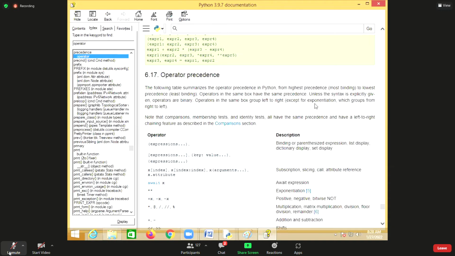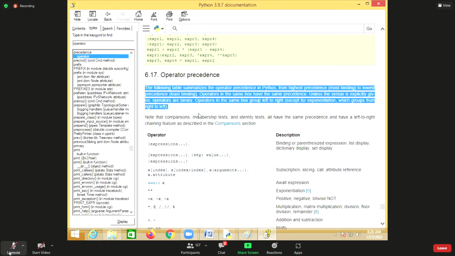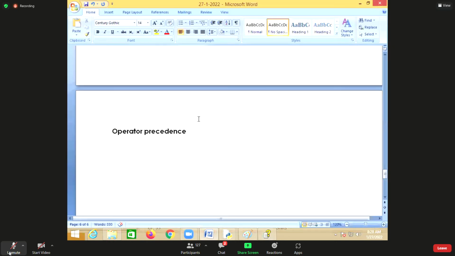Except for the exponential operator, star star, which groups from right to left. This is what you have to remember here.